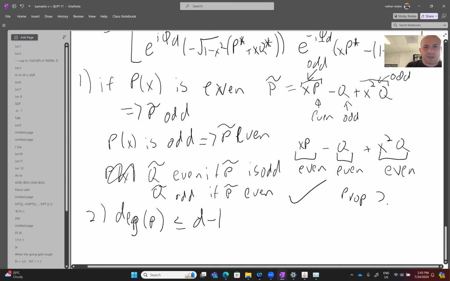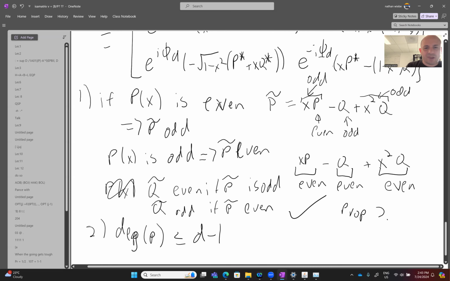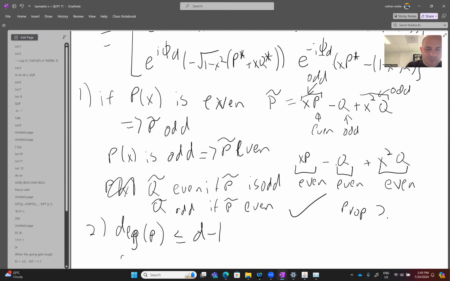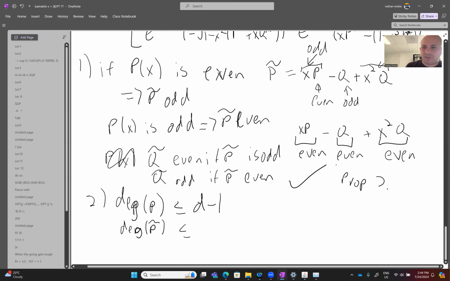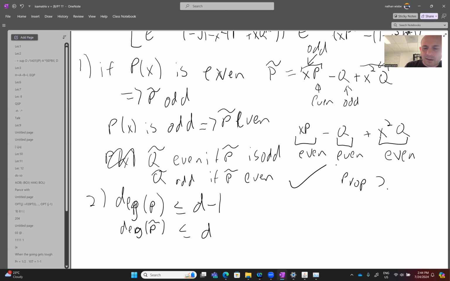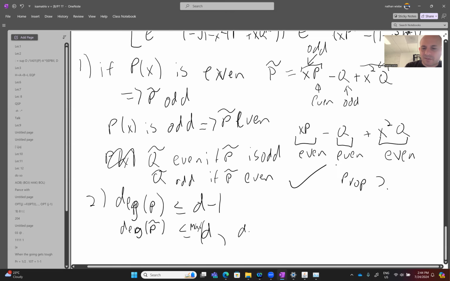And therefore, because of the series that we ended up getting, the degree of p tilde over here has to be less than or equal to the maximum of d, and d minus 2 plus 2, which is equal to d.